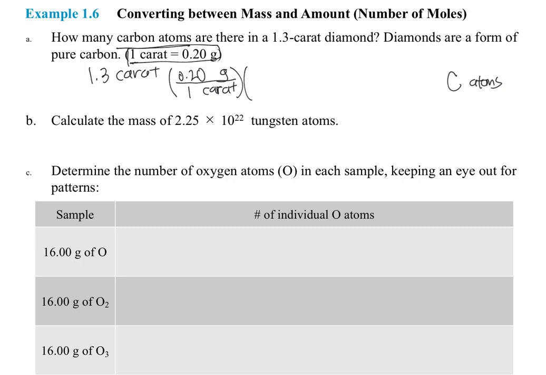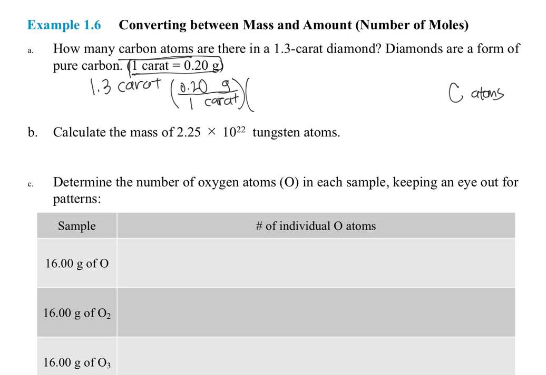So now that I'm out of that, I'm in grams, I can go to moles. So grams are going to be on bottom, 1 mole up top. The molar mass of carbon is 12.01 grams from the periodic table. And then now we're in moles, but not quite in atoms yet. We need to go from moles into atoms.